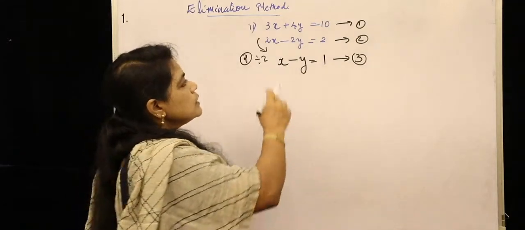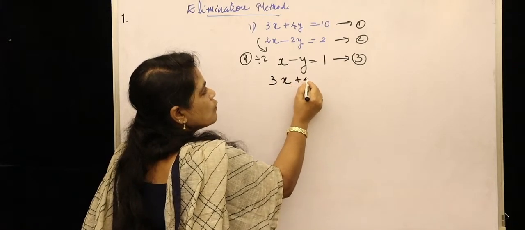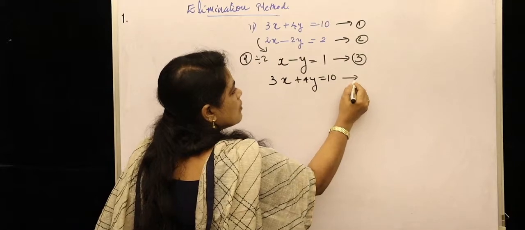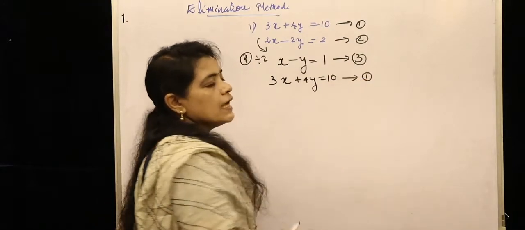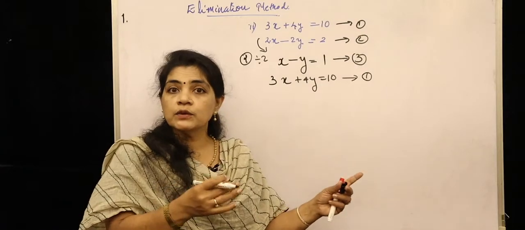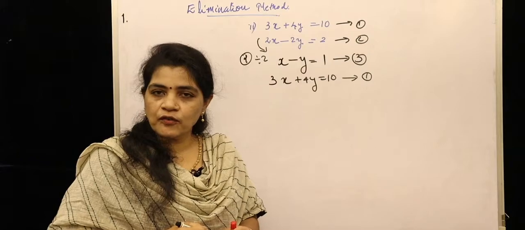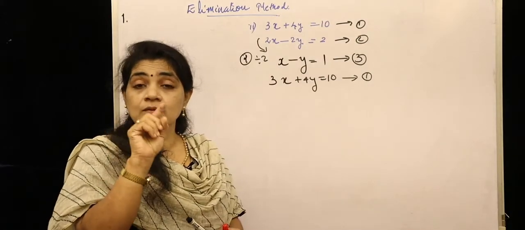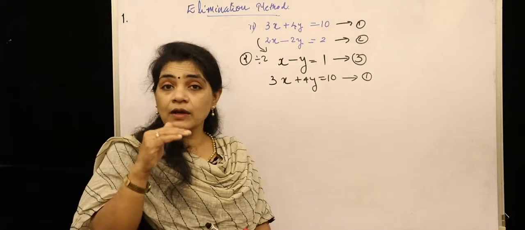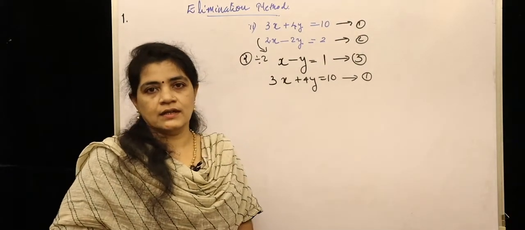Now we have the first equation, that is 3x plus 4y is equal to 10. This can be equation number 1. We are not making any change to equation number 1. See children, if the coefficient of either x or y comes as unity, 1, you can multiply with the same number as the coefficient of x in the other equation.